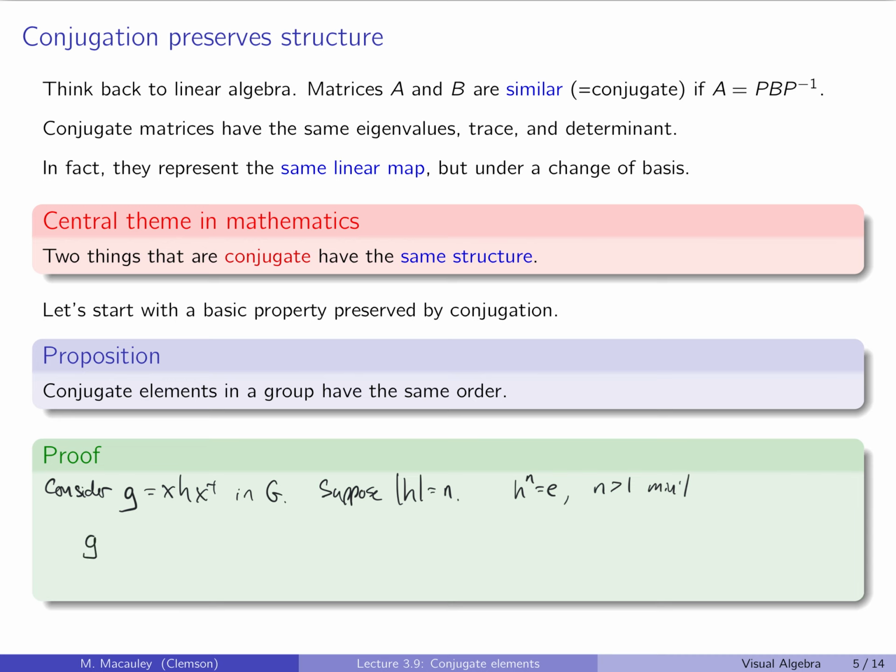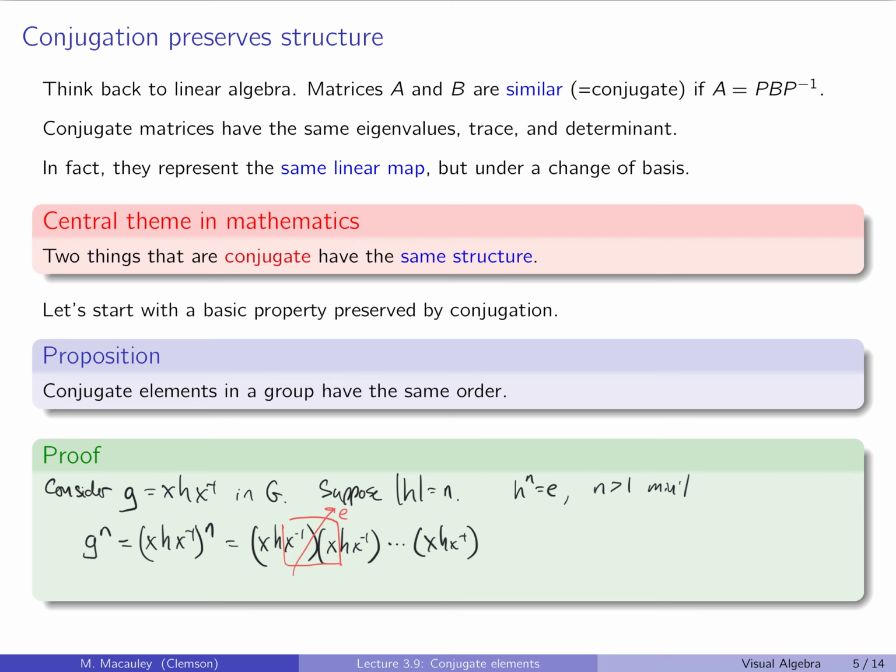So here's what I claim. I claim that g to the n is the identity as well. So g to the n is x h x inverse to the n, and that's just x h x inverse done n times. So x h x inverse up to x h x inverse. You see what happens? Well, these consecutive x inverse x's are just the identity.